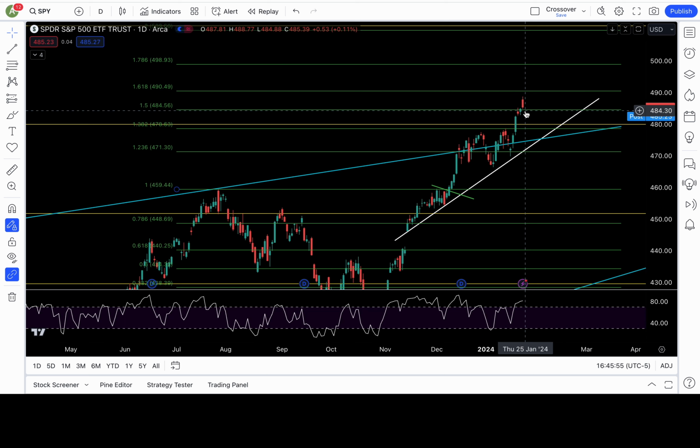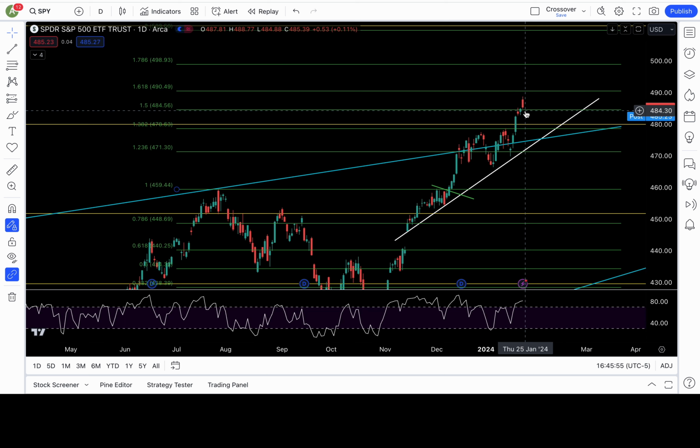Unfortunately, bears did not get the evening star pattern, and Tuesday we ended up closing at 484.86, breaking out the 1.5 Fibonacci extension level that did lead to a gap up this morning, going as high as 488.77. We can watch that level as a resistance level now.